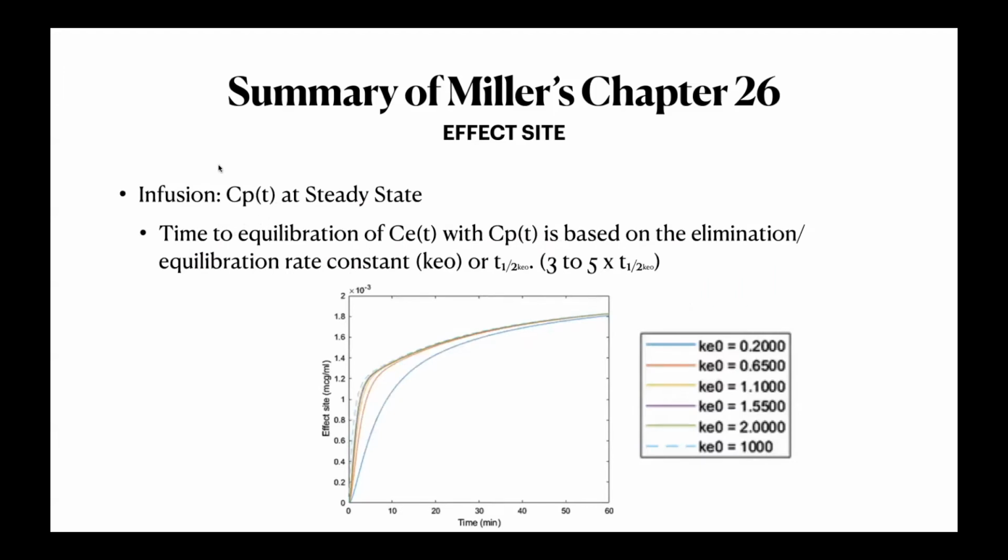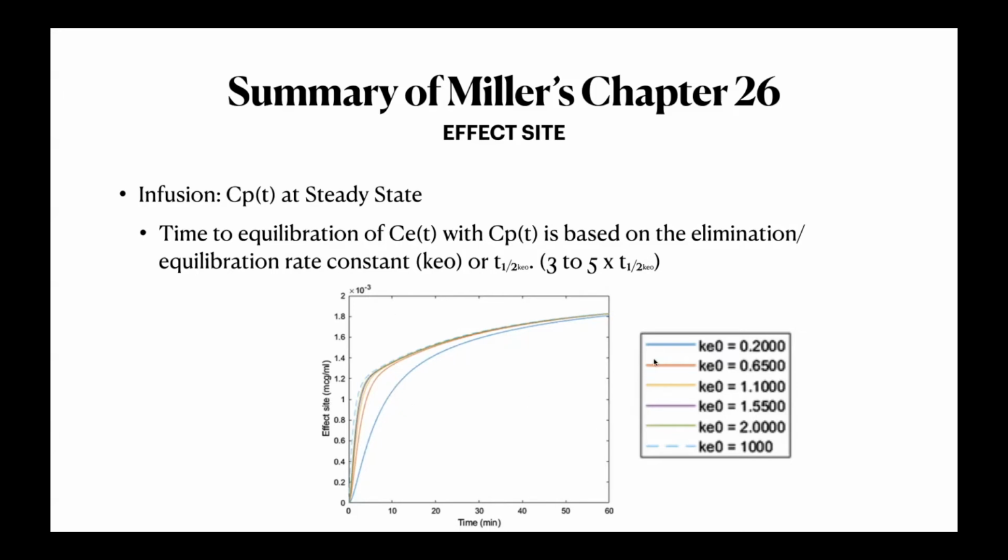And this is just a summary of the slide from last week, where the time to equilibration of the effect site concentration with the plasma concentration is based on the elimination or equilibration rate constant. So you can call it either, or rather KO, or it is the 3 to 5 half-lives of your T half KO. So this is for infusion at steady state.